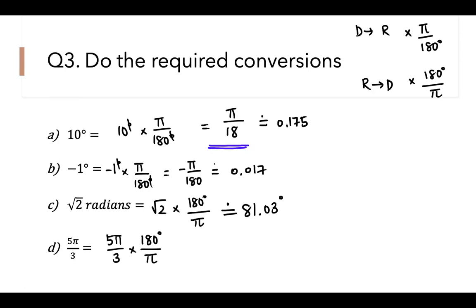As you can see, pi and pi cancel out. So I'm going to simplify. 3 and 180 cancel out. So 3 becomes 1, it becomes 60. So 60 times 5, it's going to be 300 degrees. Okay. Very easy.